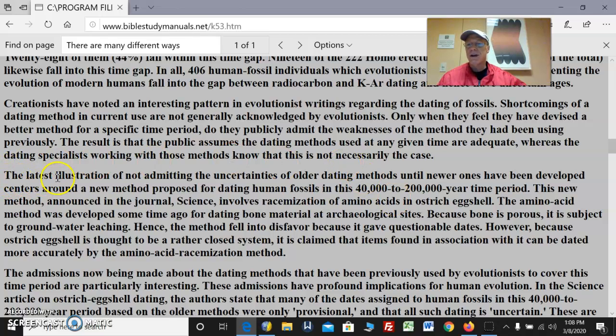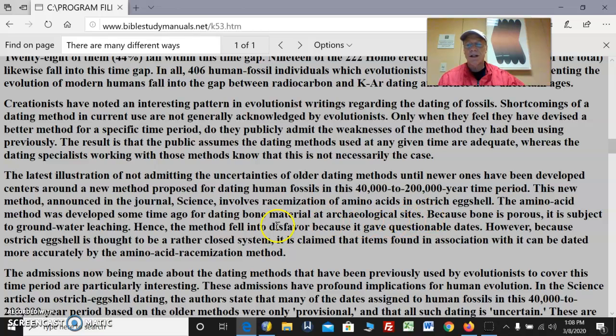The latest illustration of not admitting the uncertainties of older dating methods until newer ones have been developed centers around a new method proposed for dating human fossils in this 40,000 to 200,000 year time period. This new method, as announced in the journal Science, involves racemization of amino acids in ostrich eggshell. The amino acid method was developed some time ago for dating bone material at archaeological sites.